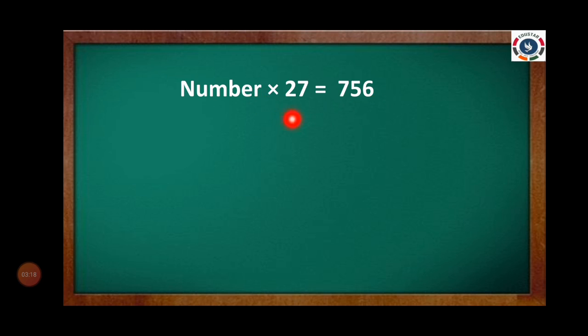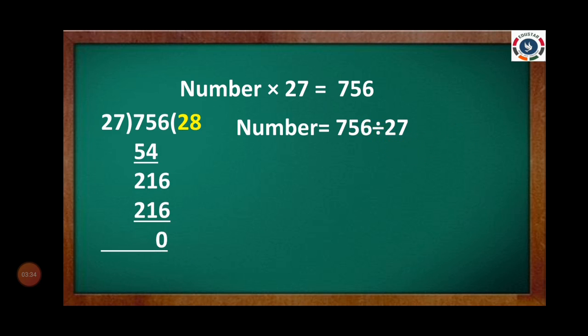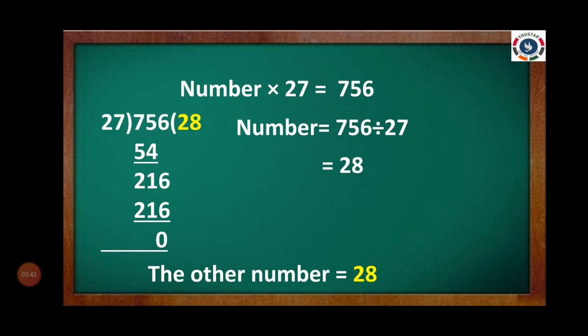Then here, 27 is multiplying, so while multiplying, when you bring it after the equal sign it will divide the value. So number equals 756 divided by 27. Divide the value separately, then you will get the answer 28. So that is the answer. The other number is 28.